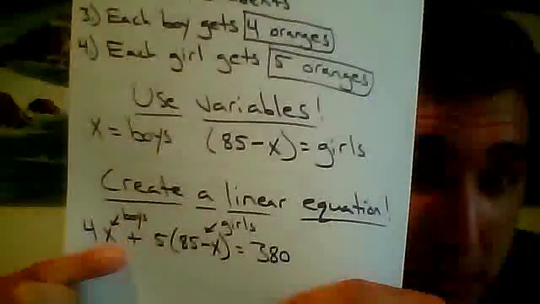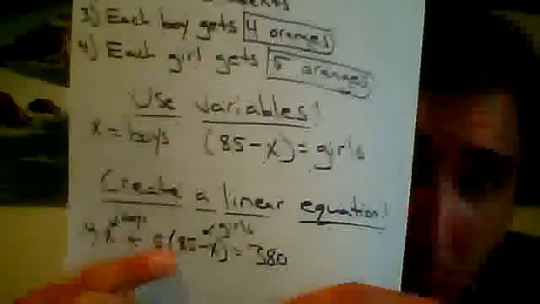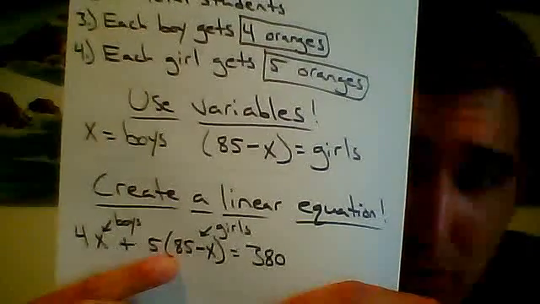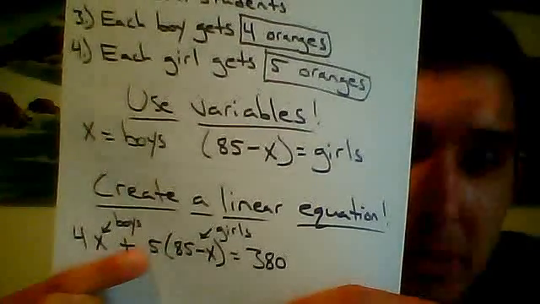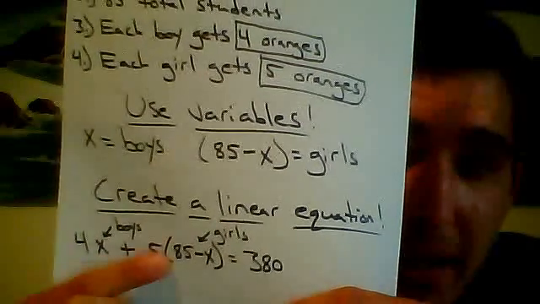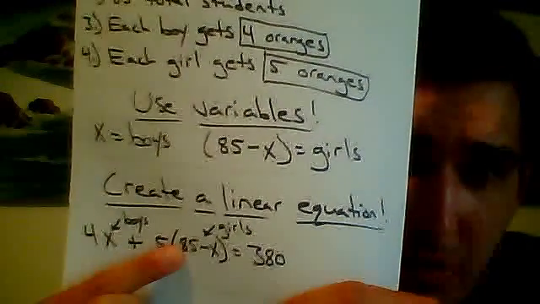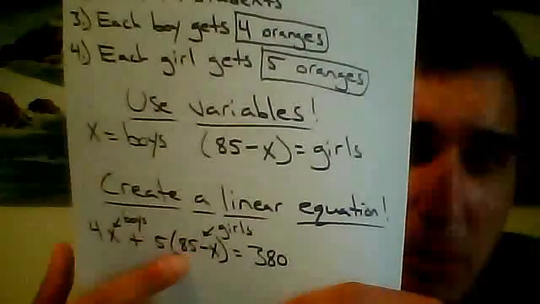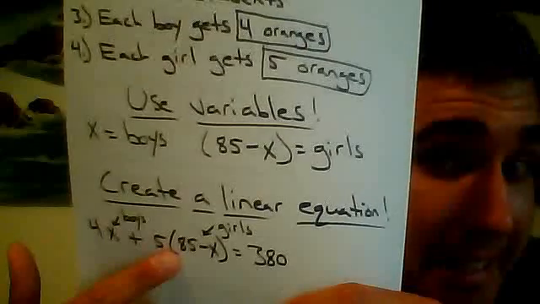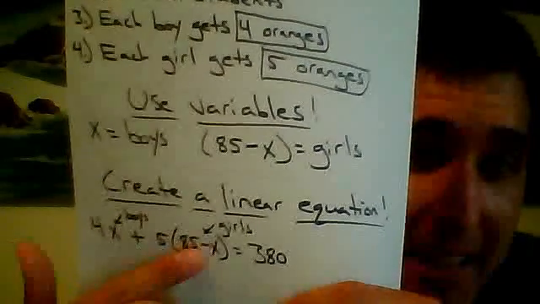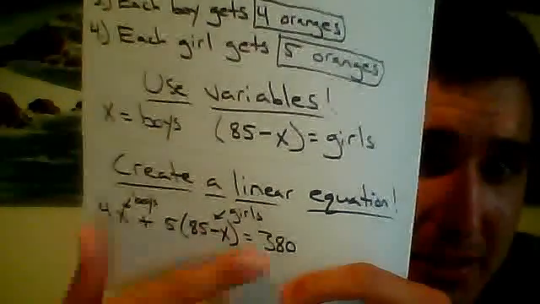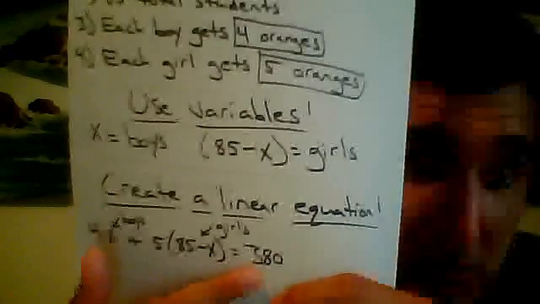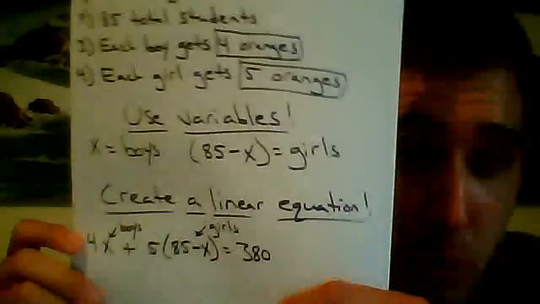Okay, so that's our first part, and then we're going to add that to the number of girls times the number of oranges that each girl receives. So each girl receives 5 oranges, and girls is equal to 85 minus x, so we'll do 5 times the quantity 85 minus x, and that's going to give us our total number of what? Oranges, which is 380 total oranges.